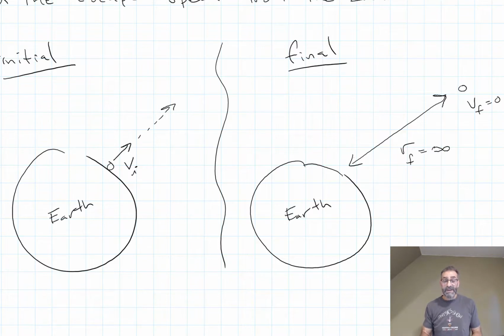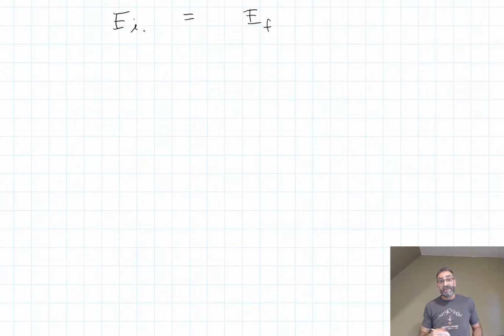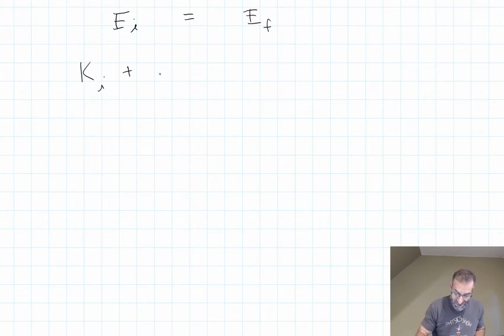This is a typical energy lens problem. We'll find the initial energy and the final energy. Since we're ignoring air drag, the initial mechanical energy equals the final mechanical energy. Well, initially, what kind of energy is there? We have an object that's moving very, very fast, so it's going to have kinetic energy, and it's interacting with the Earth.